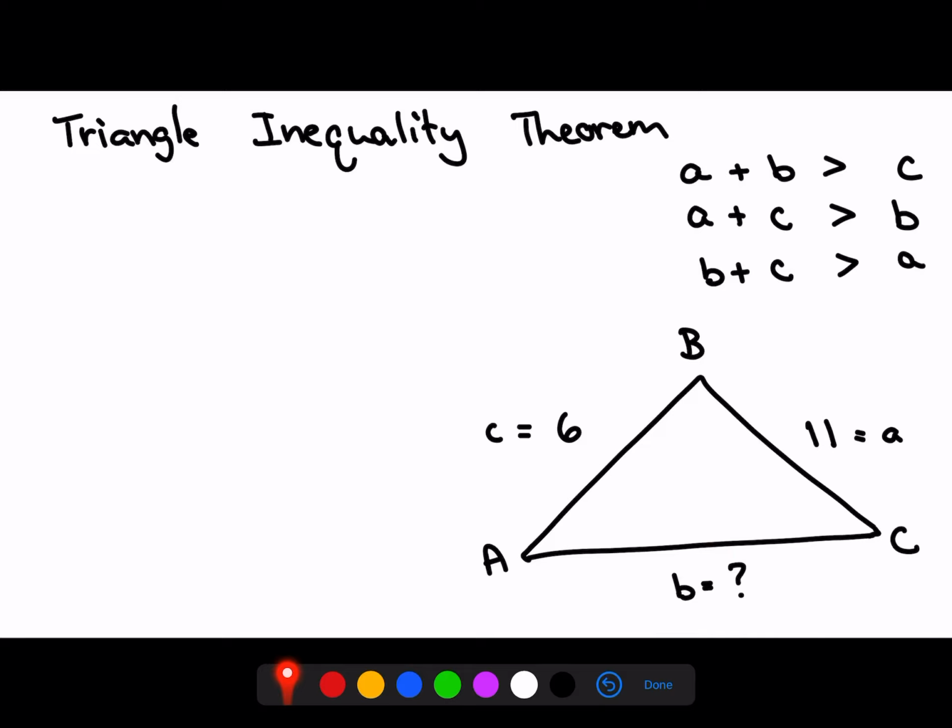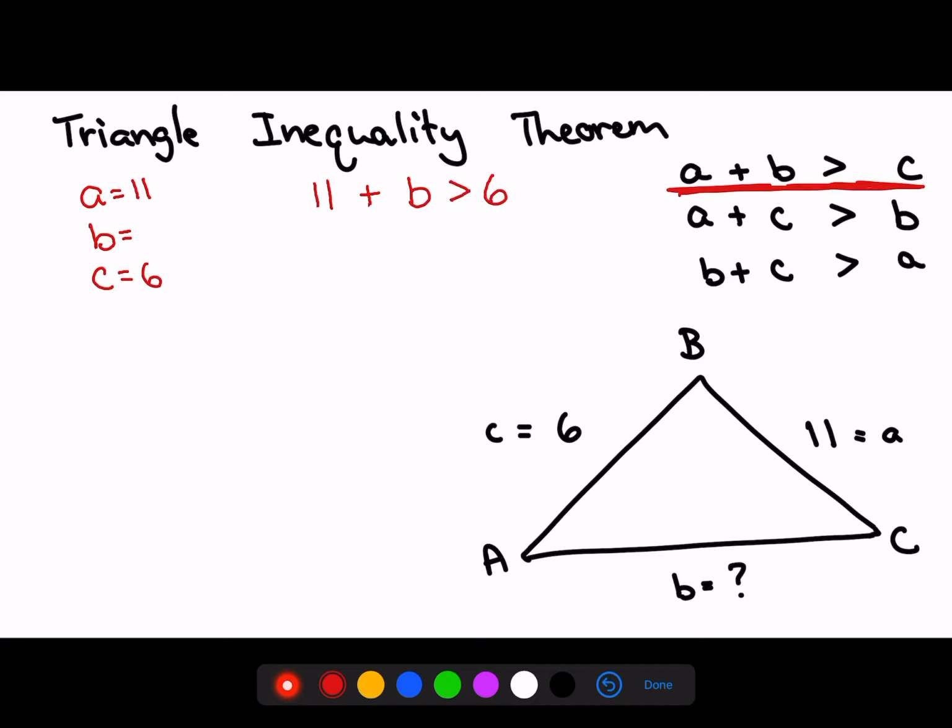So to do that, I can take my a value and say, my a value is 11. So a is equal to 11, b is unknown, and c is equal to 6. So I know, first off, a plus b must be greater than c. So I can say 11 plus b, our unknown variable, is greater than 6.